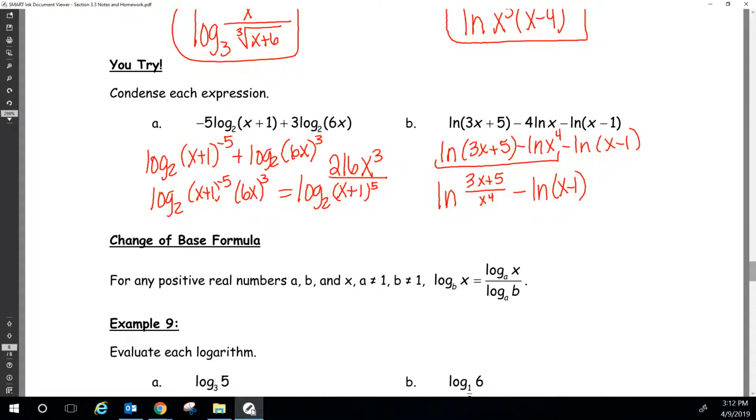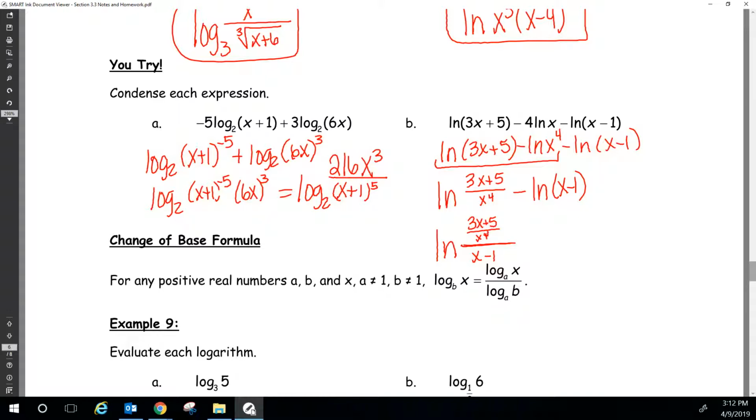And again, now I've got two natural logs. When I combine them, because of that subtraction, this is going to be another fraction. So this would be the natural log of 3x plus 5 over x to the 4th, divided by x minus 1.